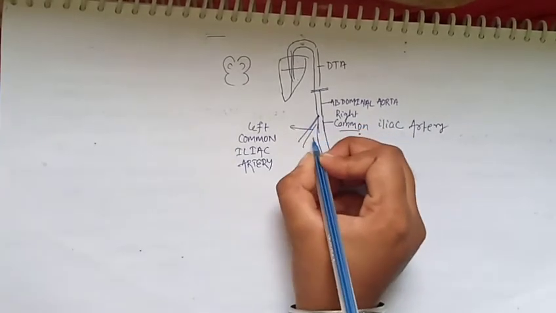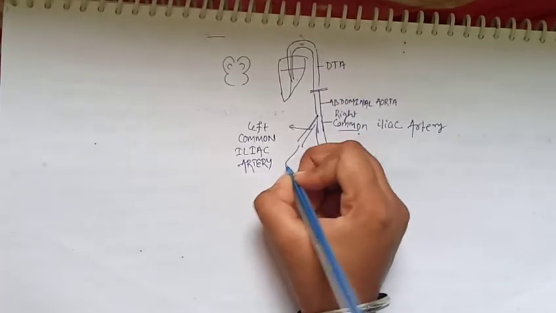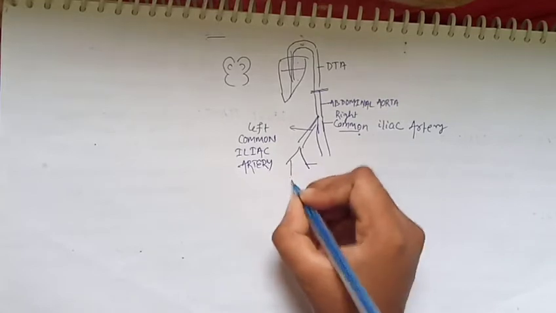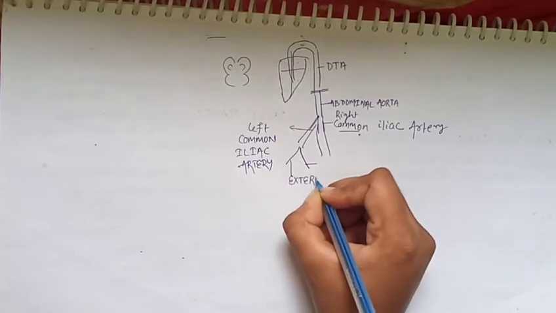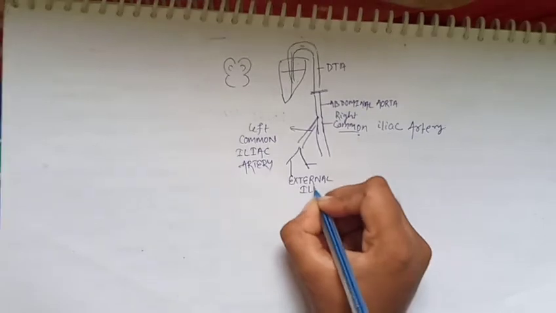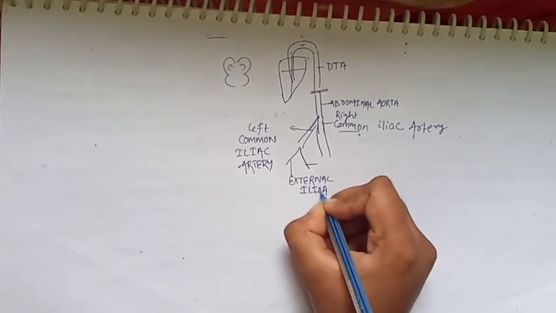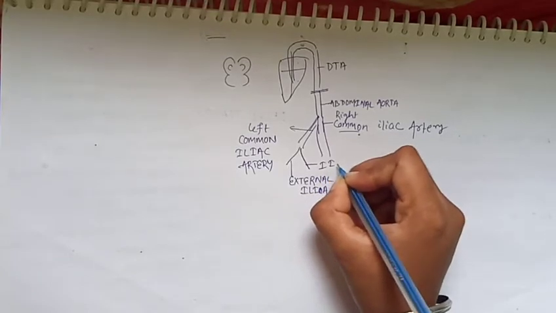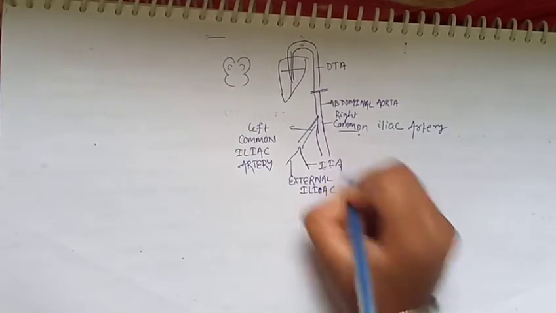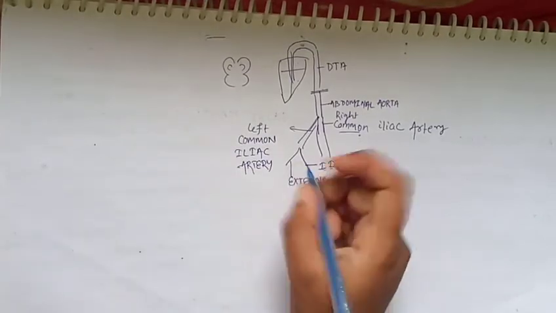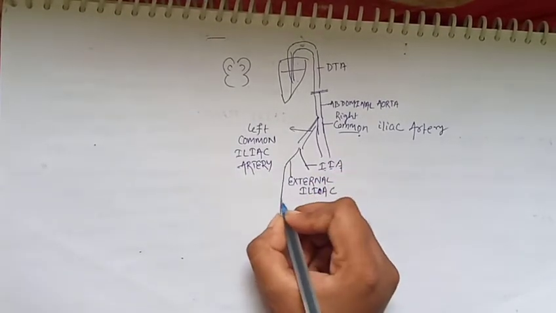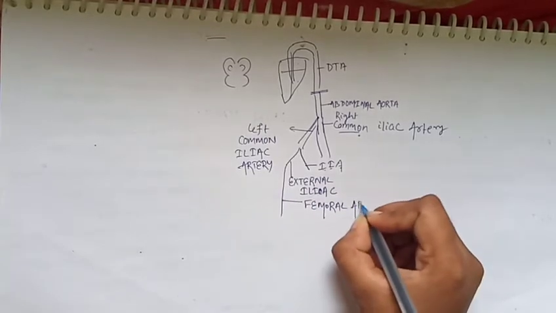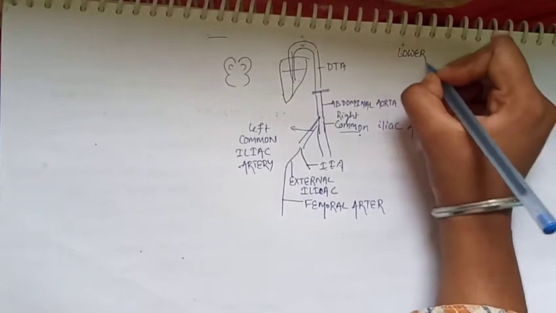From the common iliac artery there are two branches: one is the external iliac artery, another is the internal iliac artery, IIA. The external iliac artery gives rise to the artery known as the femoral artery. This is our first part of the lower limb artery.